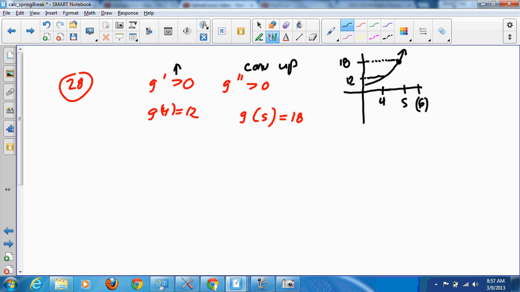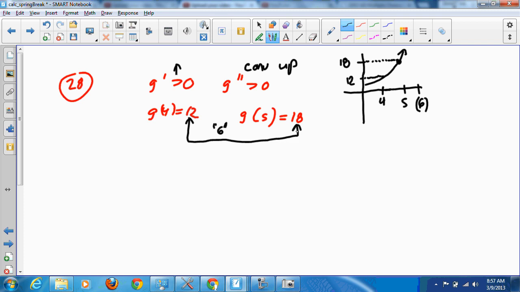Now we can eliminate a couple answers right off the bat, but notice that the function value is increasing by 6, going from 12 to 18.